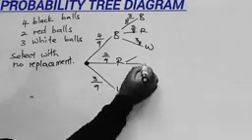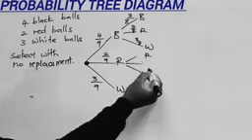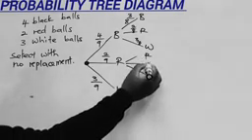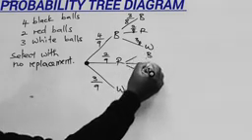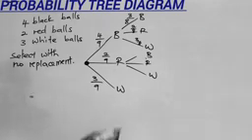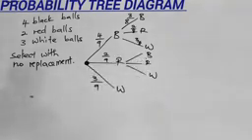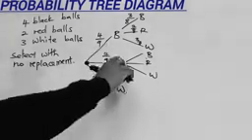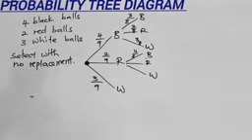Then assuming you picked the red ball, this is black, this is red, this is white. The probability of picking a black ball here, we have 4 black balls, so this will be 4 over 8.